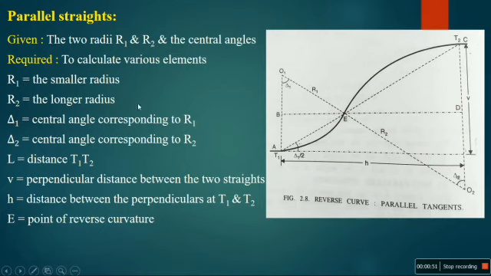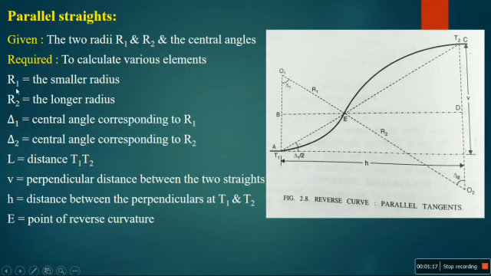So we have to derive the equations for finding the elements with respect to the reverse curve. Here, assume that they give the two radii, R1 and R2, and the central angles. We have to calculate the various elements of the curve.